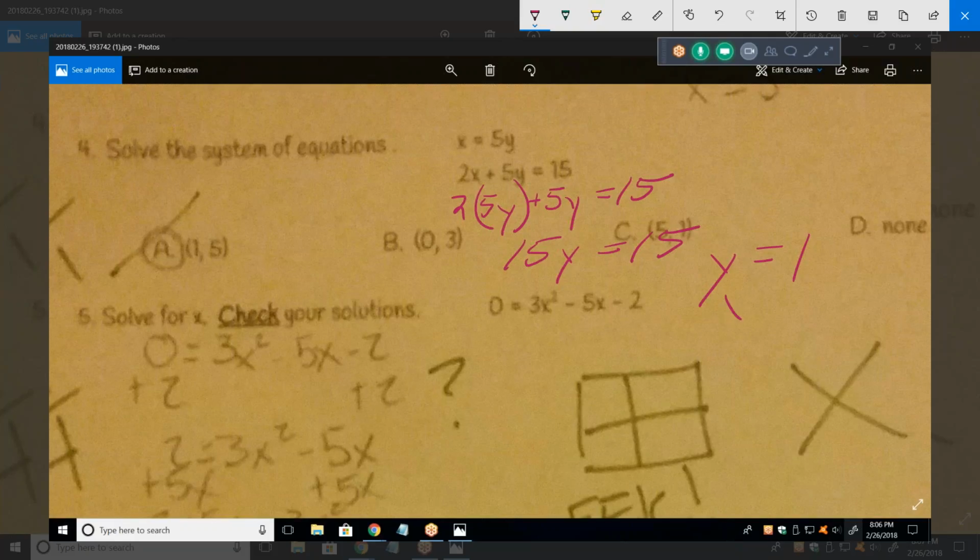Okay, so what's x equal to? 5. Uh-huh. Now, is that the right answer? No. No, it should be 5 comma 1. So it's that right there, C. Okay? Okay. All right.